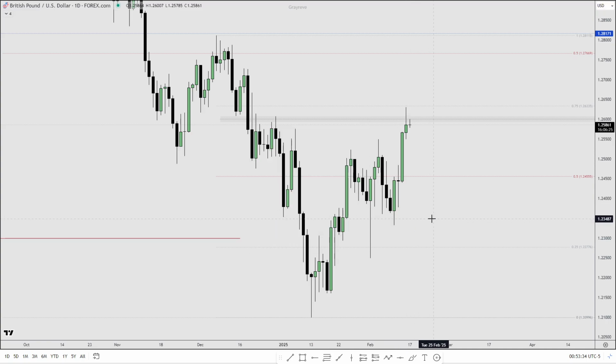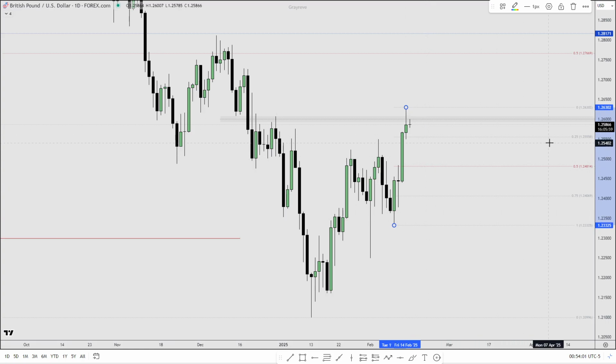Now what do we have? We have a fair value gap right here. A bullish fair value gap right here. We're looking for price to trade into the fair value gap, which is within the higher time frame discount within the premium, and then right here on this leg it is within also the discount of the premium range.